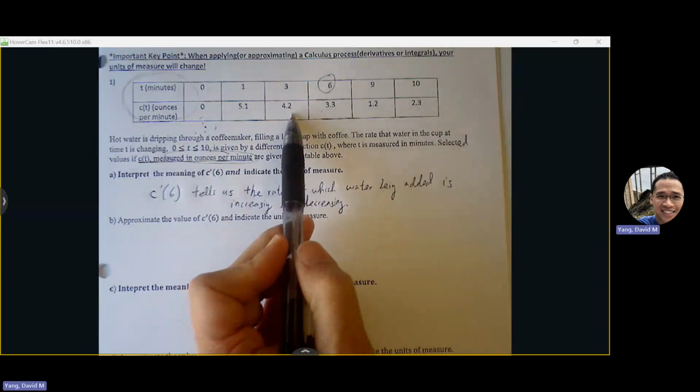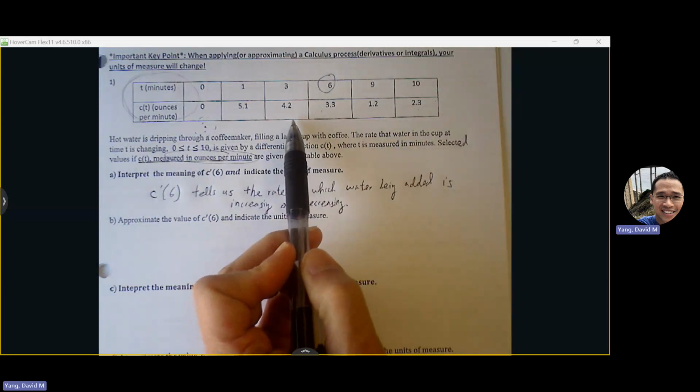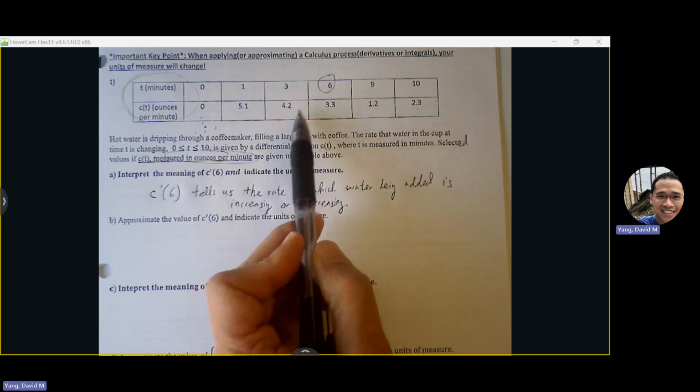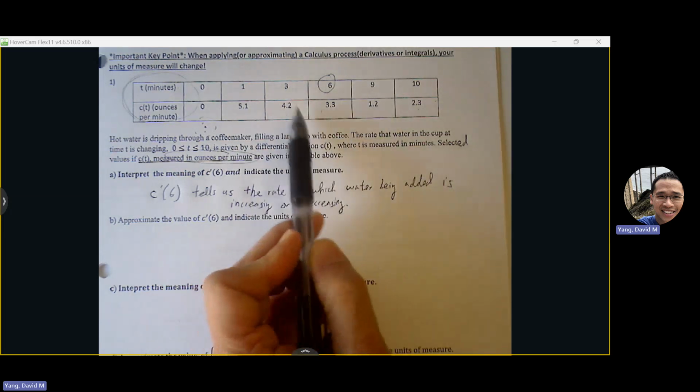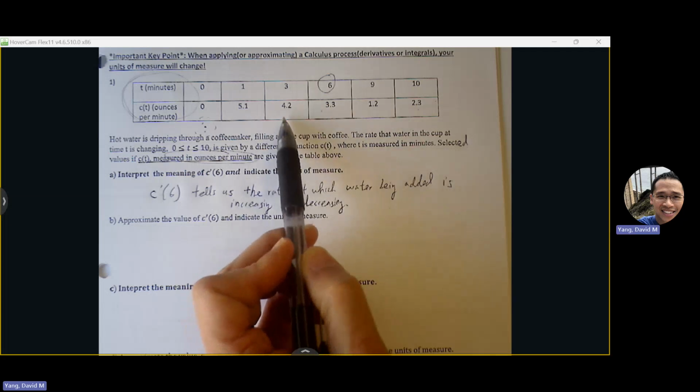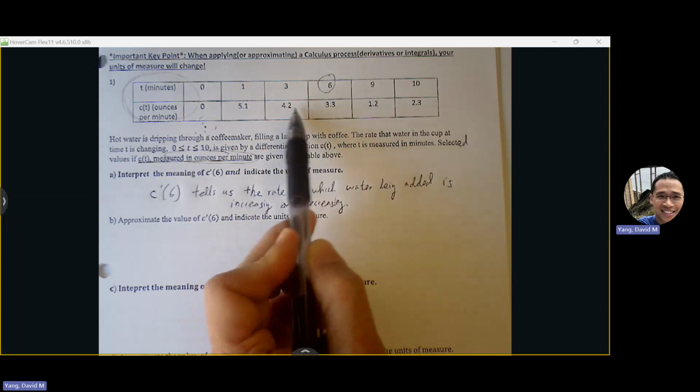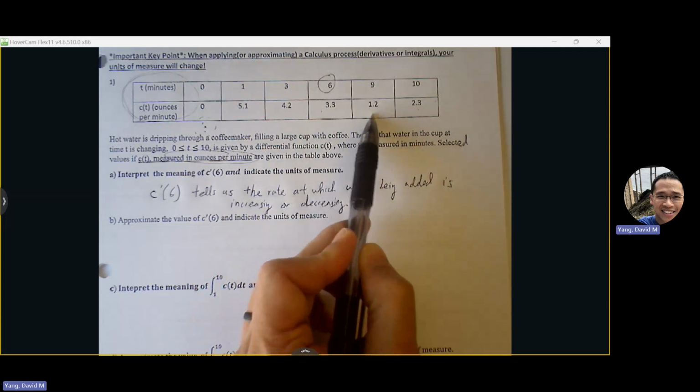So it tells us that at 6 minutes, the rate at which water is coming out, is it increasing or decreasing? You'd probably say it's decreasing, right? I mean, water is still coming out, dripping through a coffee maker, but it looks like it's transitioning down to a slower drip, right?